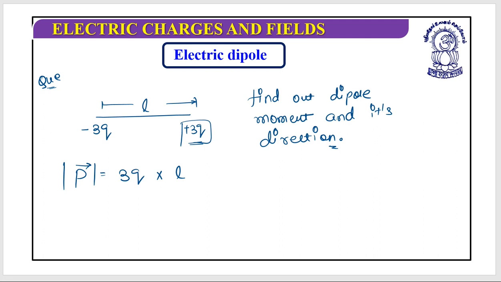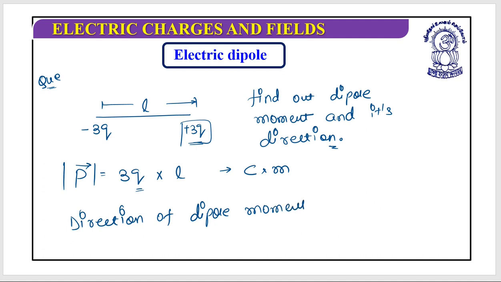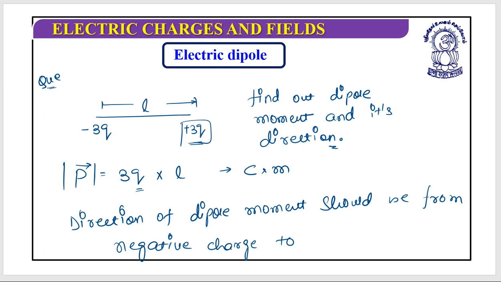Would it have a unit? Yes. The unit of charge is coulomb and the unit of length is meter, so I can write it as coulomb into meter. Now direction. The direction of dipole moment should be from negative charge to positive charge.